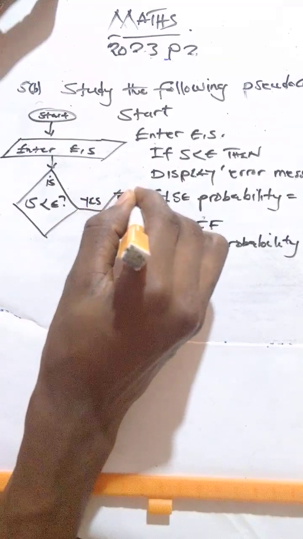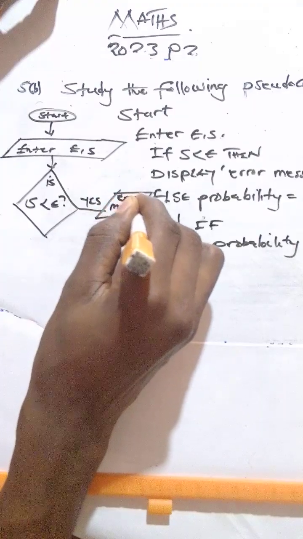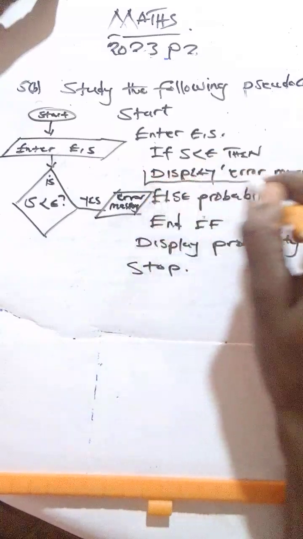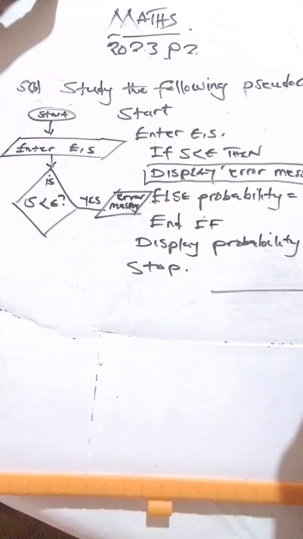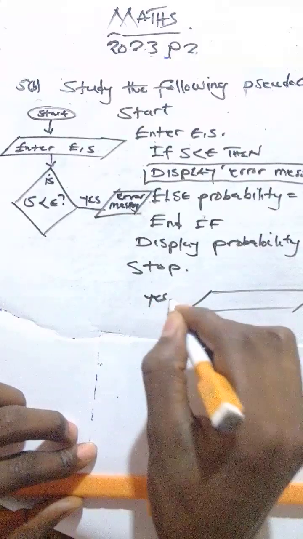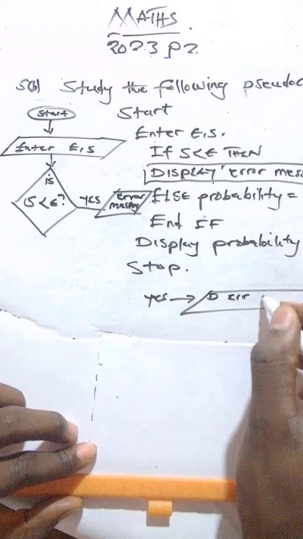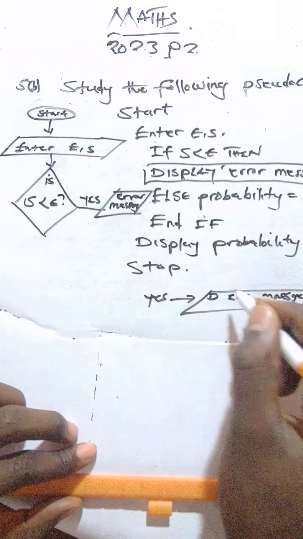Okay, so error message. You copy what you have been given here, then you place it into a parallelogram shape. So it's like saying yes, then display error message like this, the way it has been written.